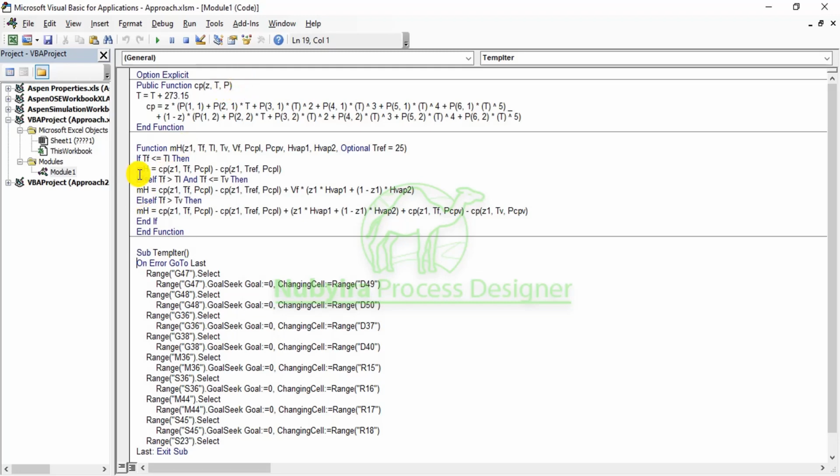So we have the mole fraction that it is going to use. This function will take in the mole fraction of the light component, binary light component, then the temperature of the component, and the parameters, to return the CP value of the mixture at the temperature.